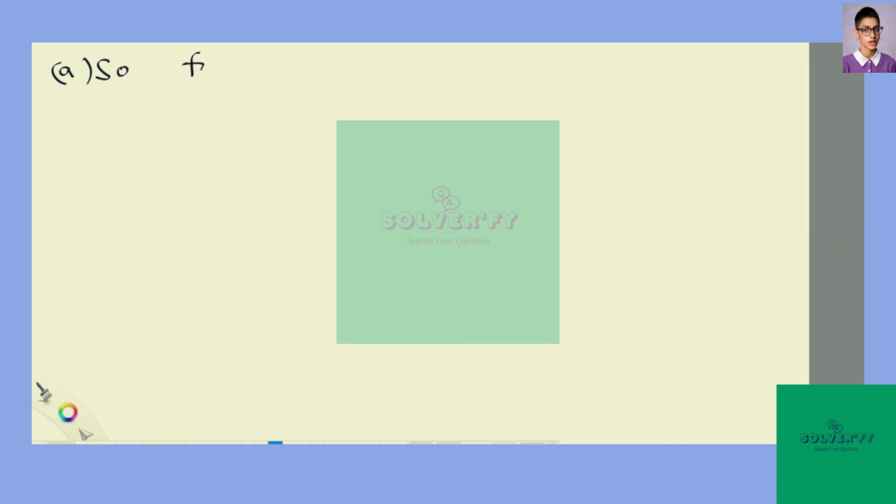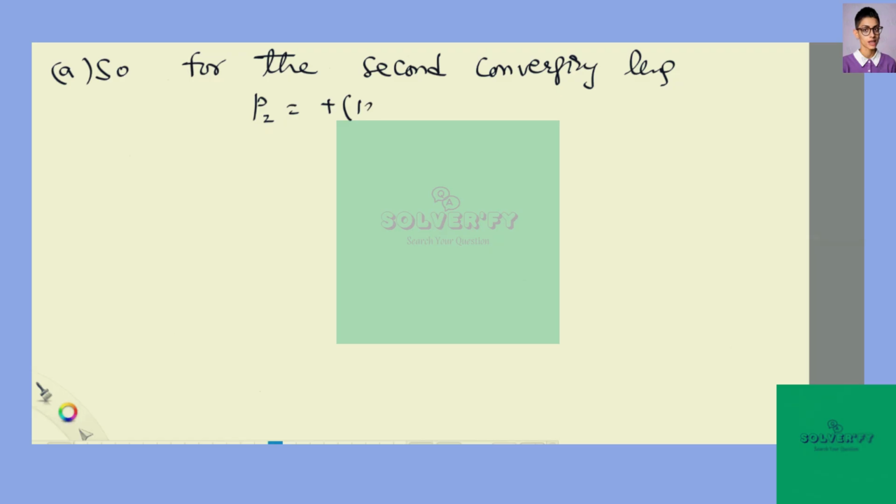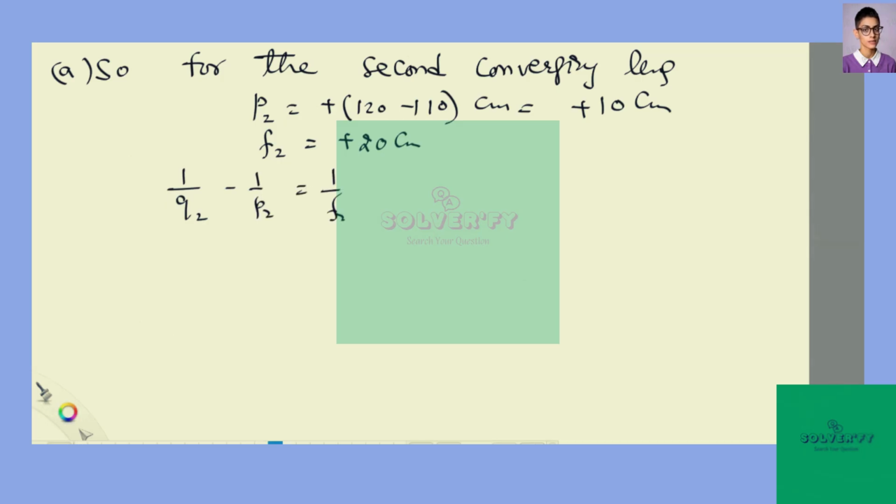So for the second converging lens, P2 will be again positive 120 minus 110 centimeter, or we can say plus 10 centimeter, and F2 will be plus 20 centimeter. So using the lens equation again, 1 by Q2 minus 1 by P2 is equal to 1 by F2.